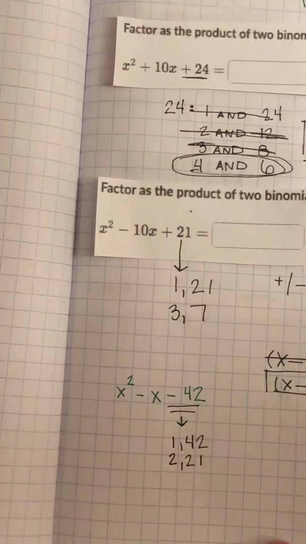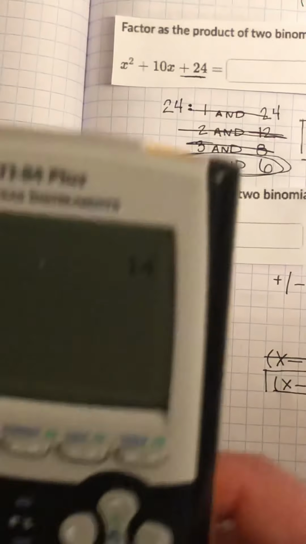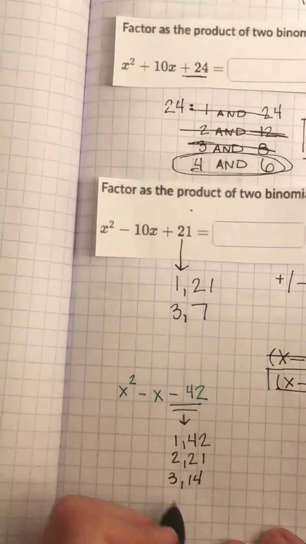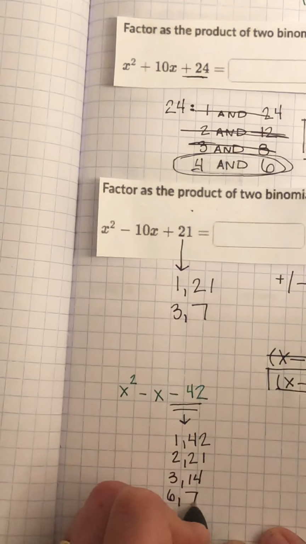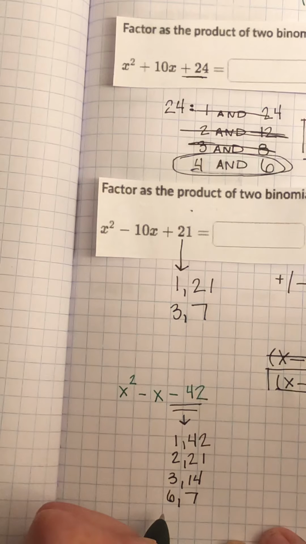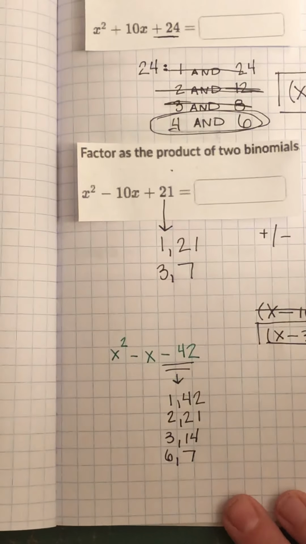Oh yeah, 3 and 14. Oh, this is going to be a list. 4, let's check. No, because 40 is too close. 5 doesn't go in. 6 does. 6 and 7, my favorite multiplication fact. And above 6, let's see, 8 doesn't go and 9 doesn't go. So these are it.